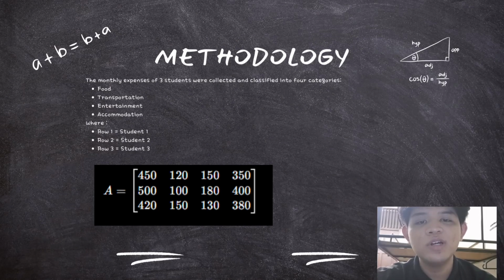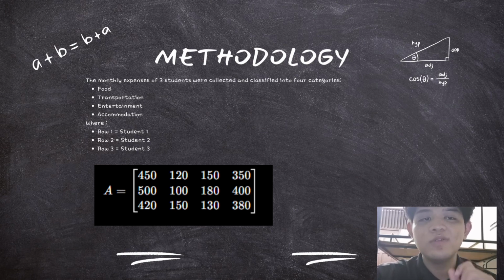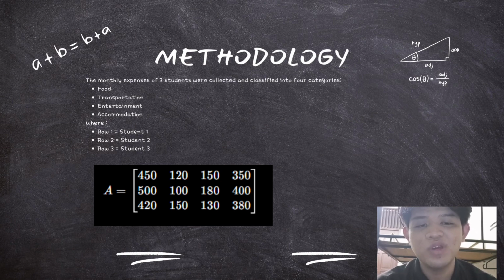Now I'll be talking about the methodology. From our slide, you can see that the monthly expenses of 3 students were collected and classified into 4 categories, which are food, transportation, entertainment, and accommodation. Row 1 is for student 1, row 2 for student 2, and row 3 for student 3.